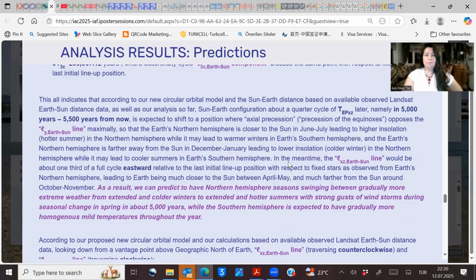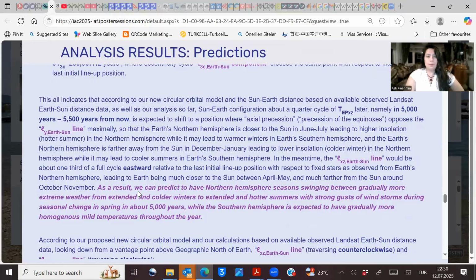In the meantime, the LXC line would be about 1/3 of a full cycle eastward relative to the last initial lineup position with respect to fixed stars, leading to Earth being much closer to the Sun between April-May and much farther away from the Sun around October-November.